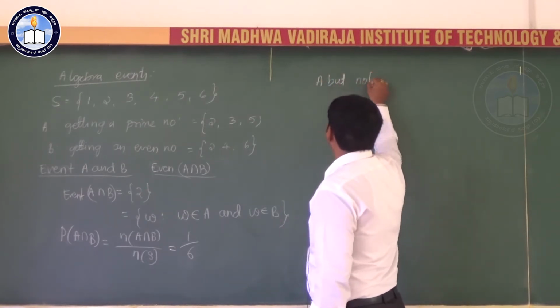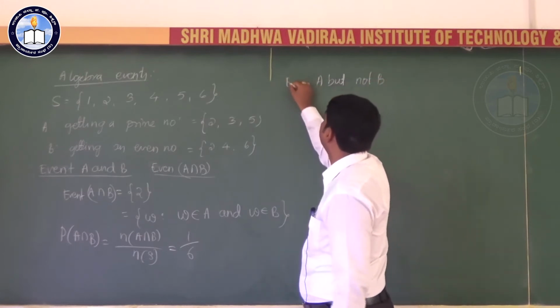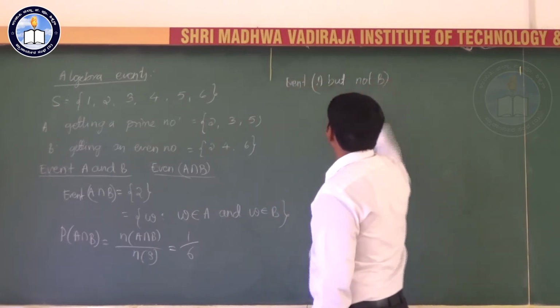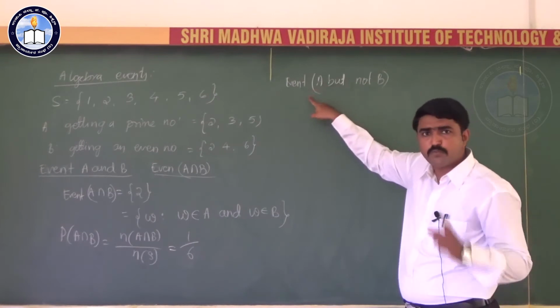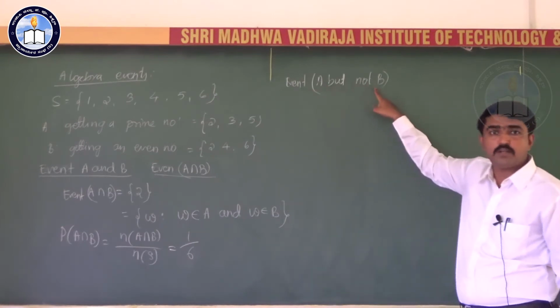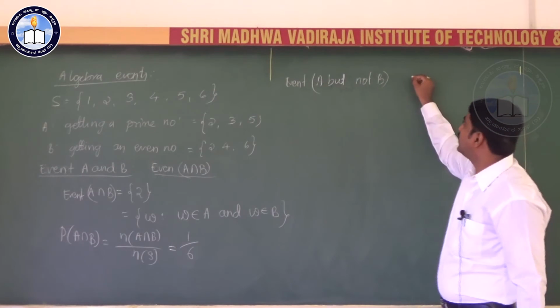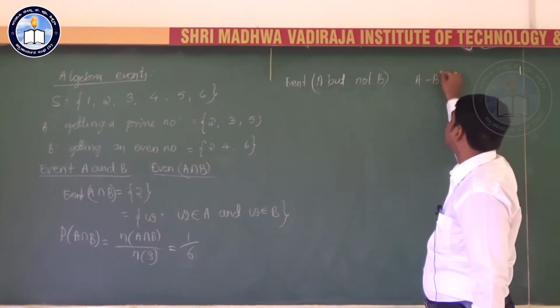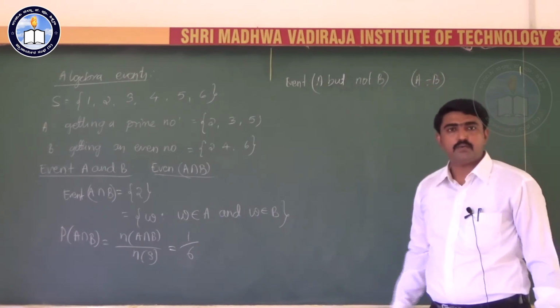Now, how to find out A but not B? Event A but not B is nothing but the outcomes that belong to A but do not belong to B. So, therefore, it is represented by A minus B. How do we find the set A minus B?